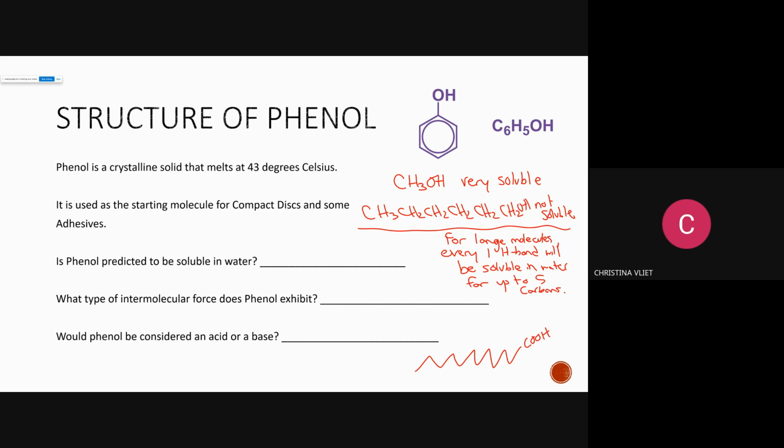So it turns out the hydrophobic part is a more important factor here. If the amount of carbons exceeds what this electronegative hydrogen bonding group can handle, 1, 2, 3, 4, 5, then it is not the dominant factor anymore. The amount of carbons in the chain, if it's a large chain, becomes the dominant factor. This is largely hydrophobic, even though it's got a little part of it that's hydrophilic.